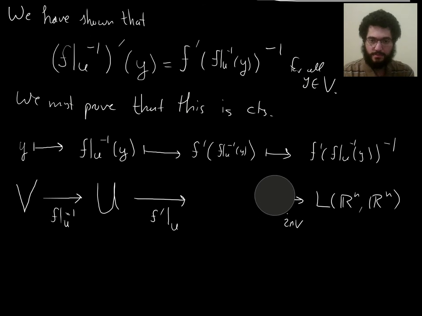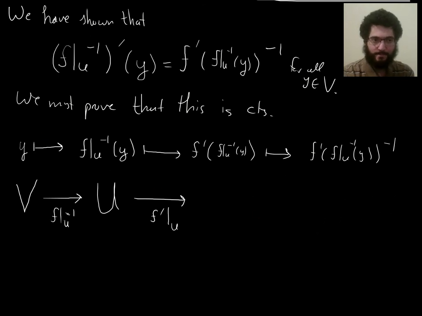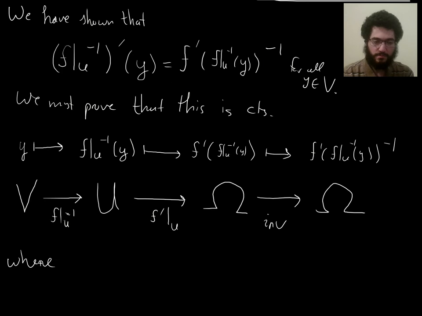So let's fix that. Let me use this notation, following what Rudin uses, for the set of all invertible linear maps. Here, this is the set of all invertible linear maps.